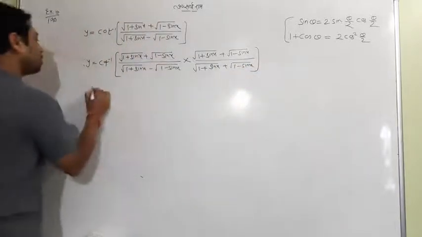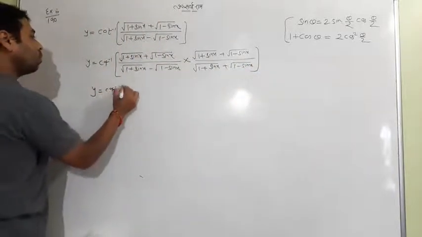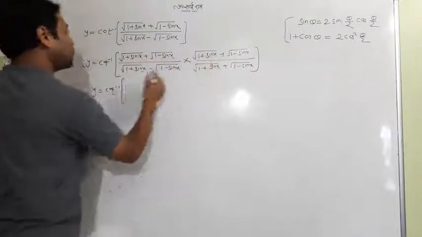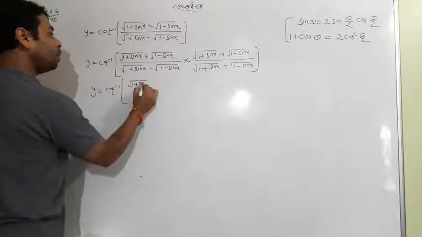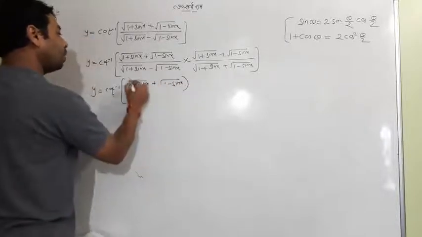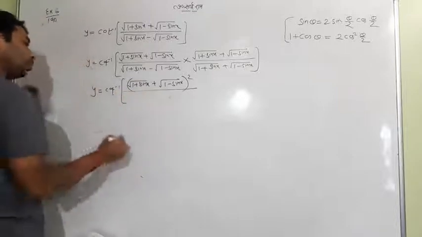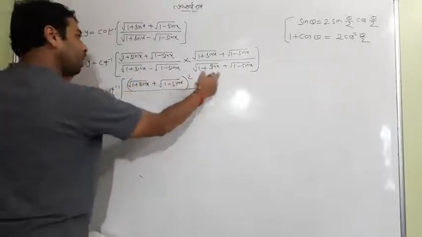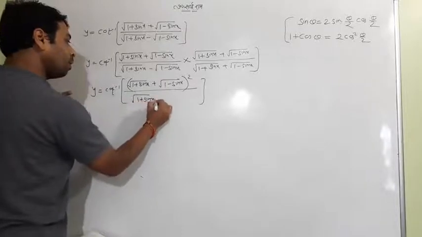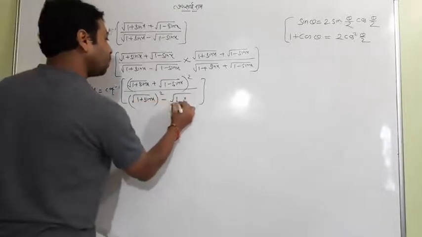So what comes next? y is equal to cot inverse, and a plus b, a plus b both are same, meaning it will be a plus b whole square, and on the downside it is a minus b and a plus b, which is a square minus b square. Very simple.